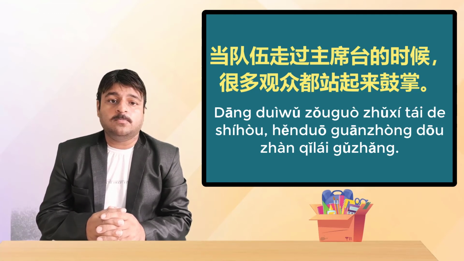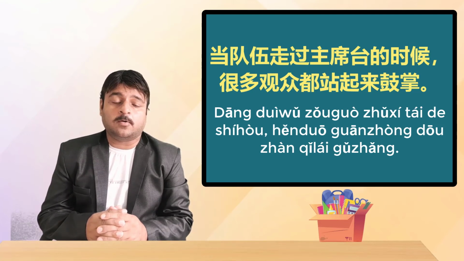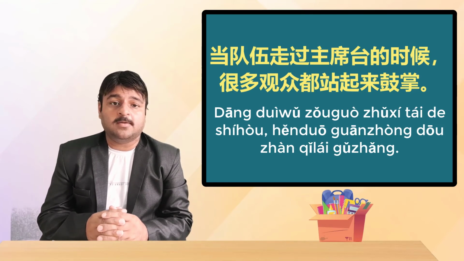当队伍 when the team, 走过 walked over or crossed over, 主席台的时候 the pavilion. At that time, the 时候. 当什么什么时候, at that time when the team of sportsmen walked over the pavilion, at that time, 很多观众 a lot of audience or a lot of spectators, 都站起来 all of them stood up and applauded.